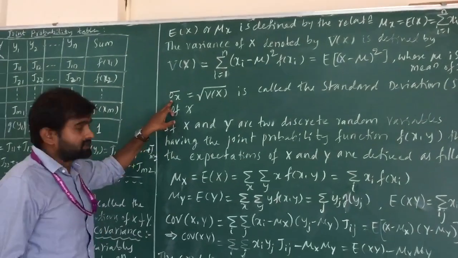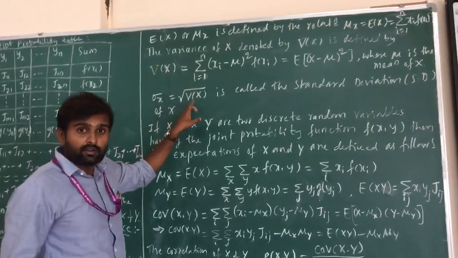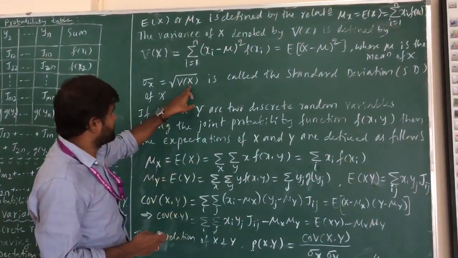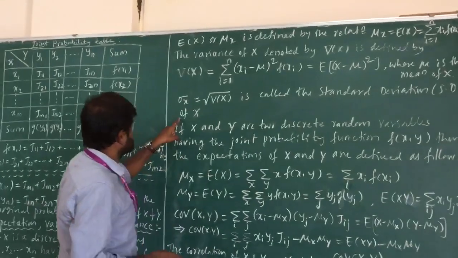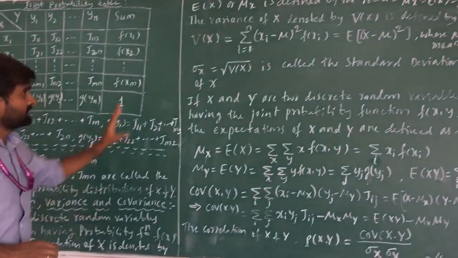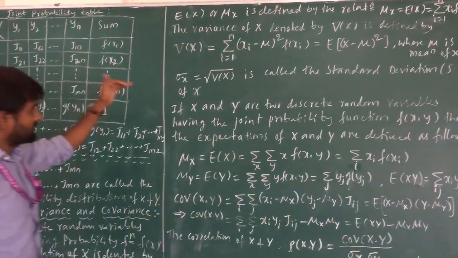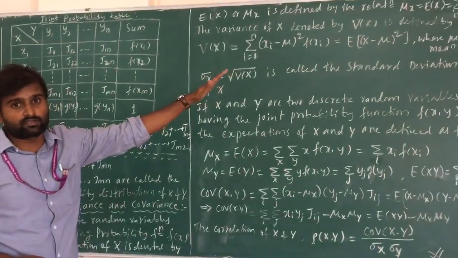Then the standard deviation, delta x, equals the square root of the variance of x. This we already learned in the third module. So when there is only one variable, we define the formulas like this.